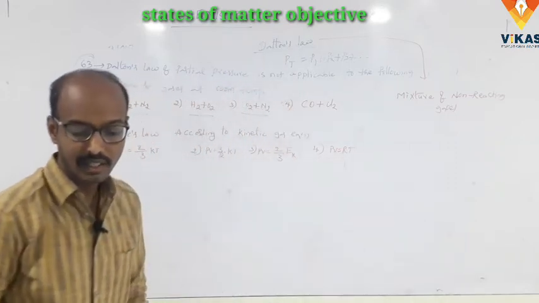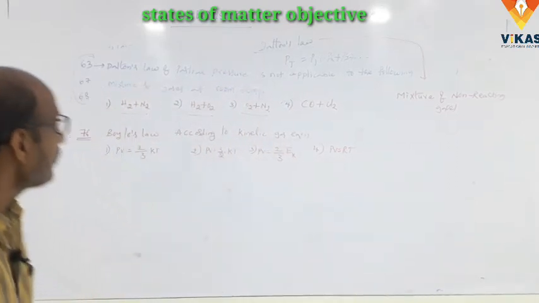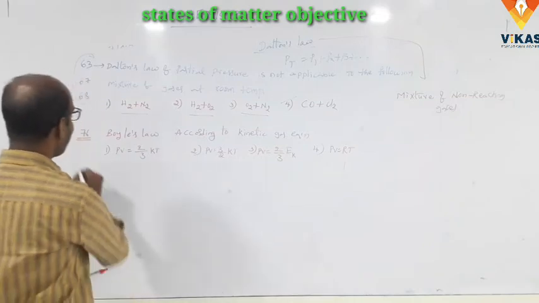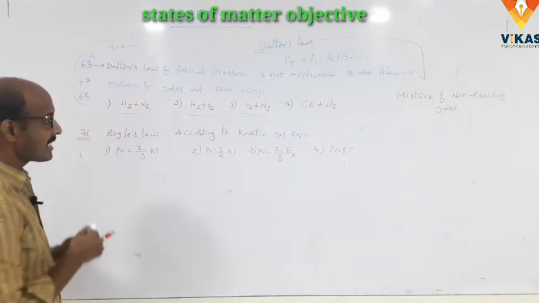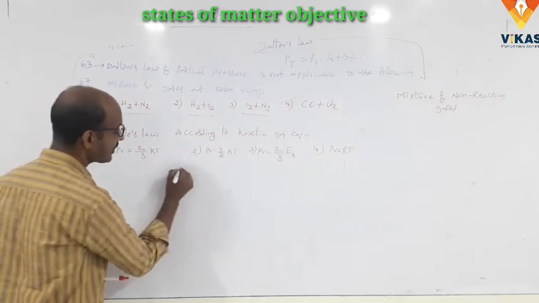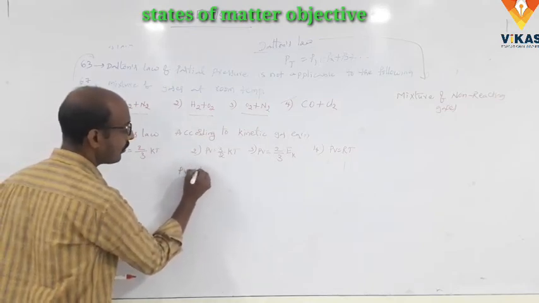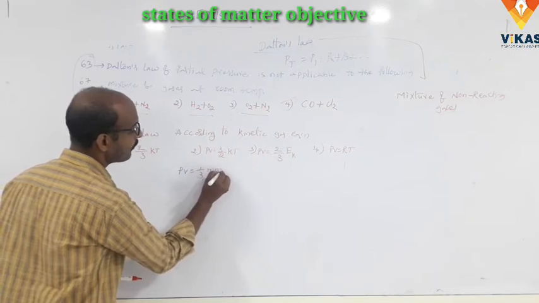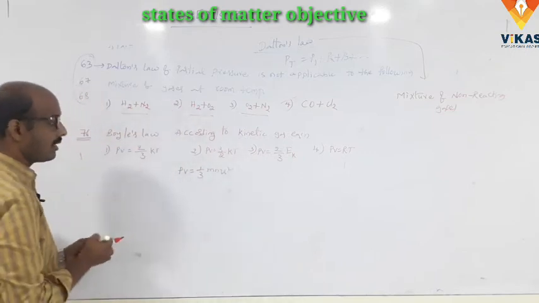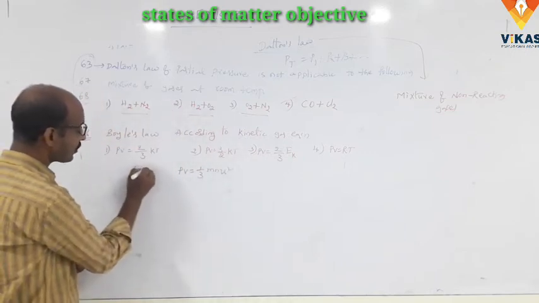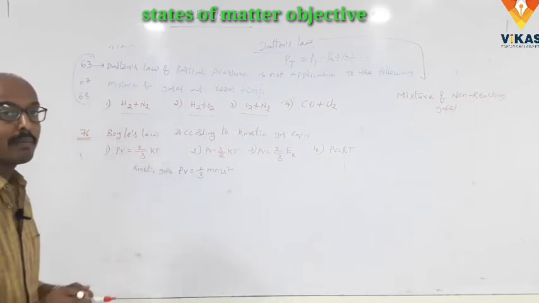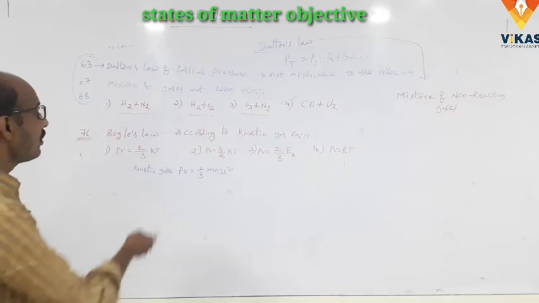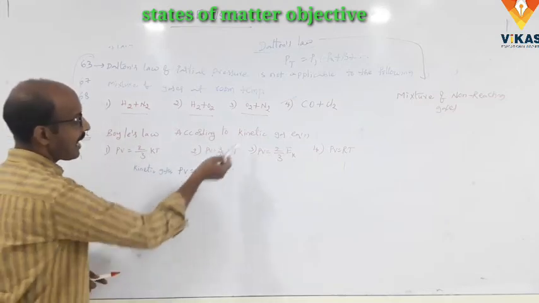చూడండి నేను ఒకసారి జాగ్రత్తగా. సో ఏమన్నాడు ఒకసారి చూడండి. బాయిల్స్ లా అకార్డింగ్ టు కైనెటిక్ గ్యాస్ ఈక్వేషన్. మనకి ఆల్రెడీ కైనెటిక్ గ్యాస్ ఈక్వేషన్ ఏంటో తెలుసు. ఏంటో కైనెటిక్ గ్యాస్ ఈక్వేషన్? PV ఈజ్ ఈక్వల్ టు 1/3 mn mu square. We know the kinetic gas equation, that is PV is equal to 1/3 mn mu square. So we derive the Boyle's law from kinetic gas equation.